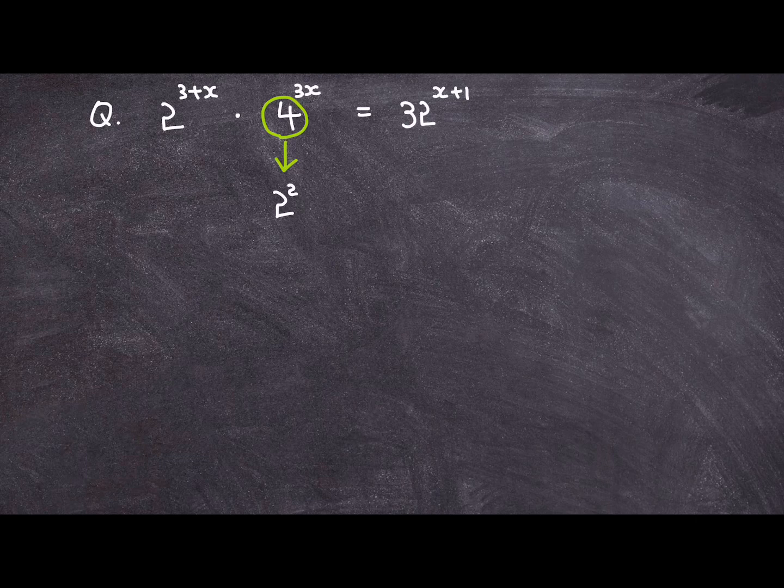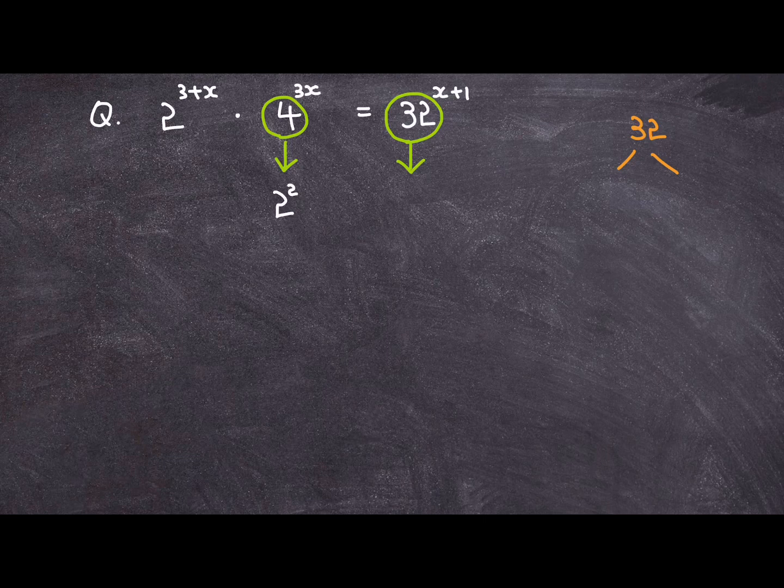Then I'm going to take a look at this number and express it in terms of 2. Now I do not know how many 2's are multiplied to give me 32, so I'm going to draw myself a factorization tree. I'm going to write 32, and what is 32 made out of?